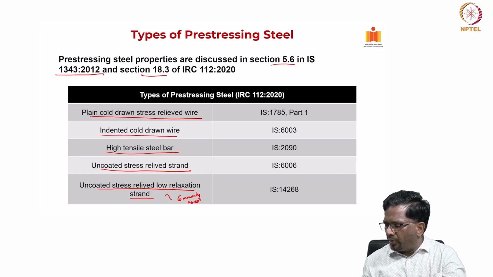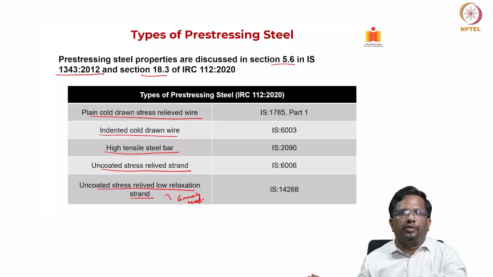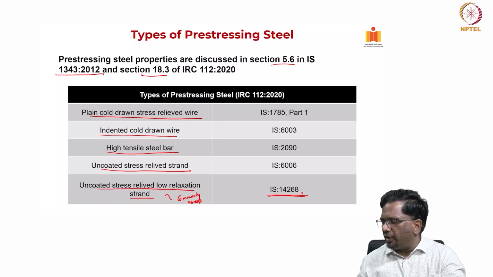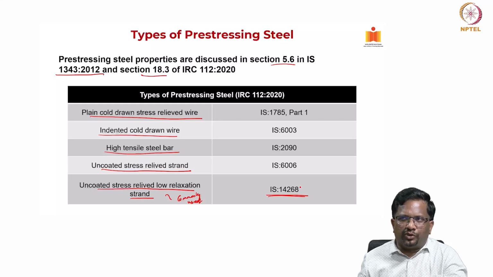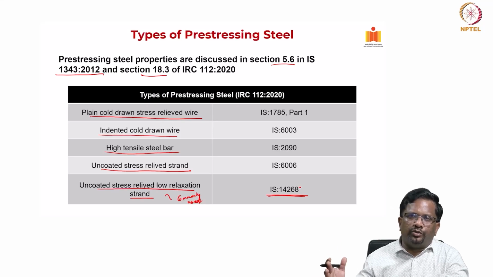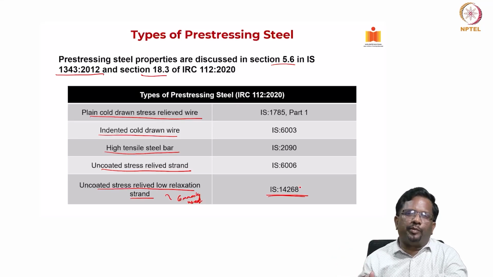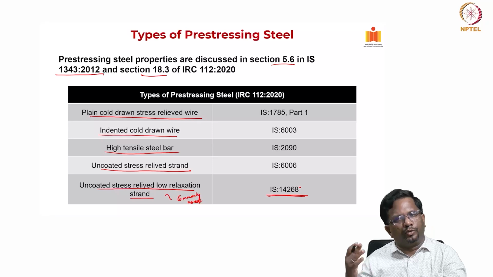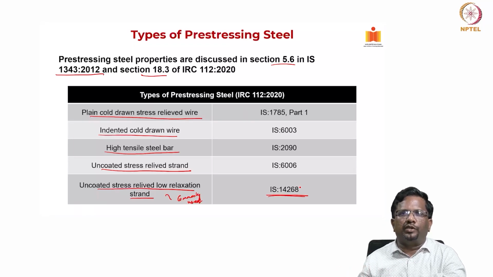Okay, low relaxation strands, we will talk about that. This is the most commonly used, and it should conform to IS 14268. So, the code gives you the specification, what the chemical composition should be, what the minimum mechanical property should be, and what the minimum percentage of elongation should be. All these things are given in the standards that are listed here.